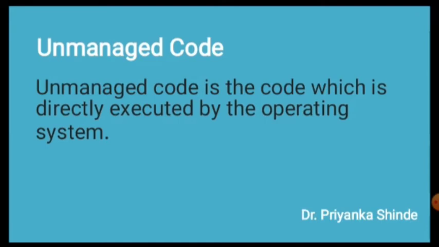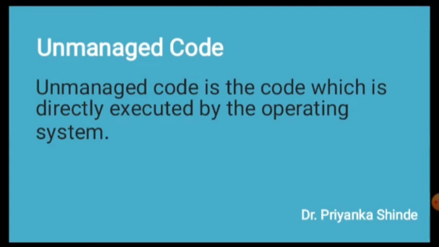It always aims at a specific architecture and depends upon the computer architecture. When this code is compiled, it is always targeted to a specific architecture and runs only on that platform.